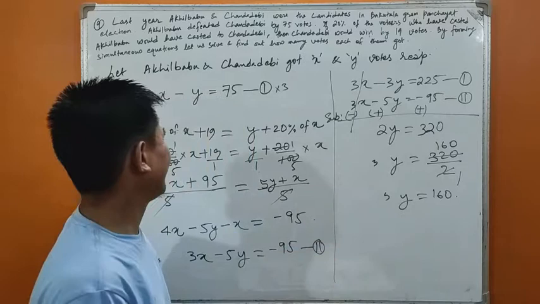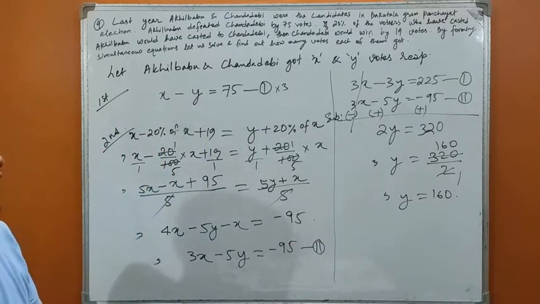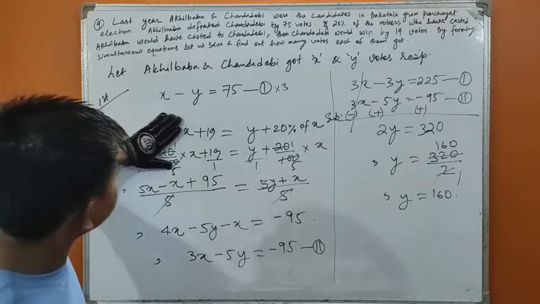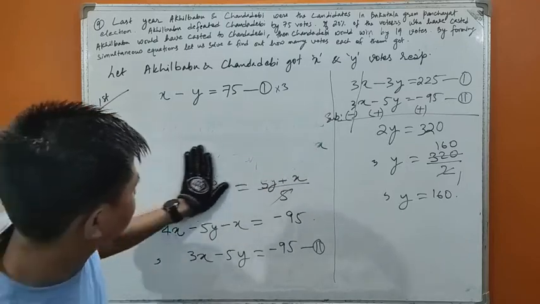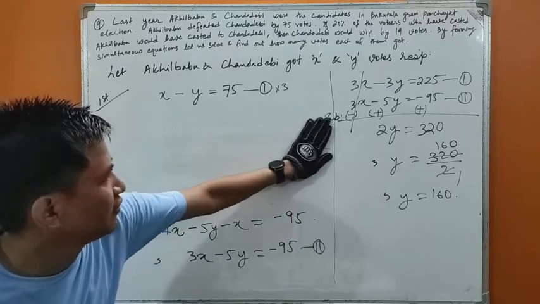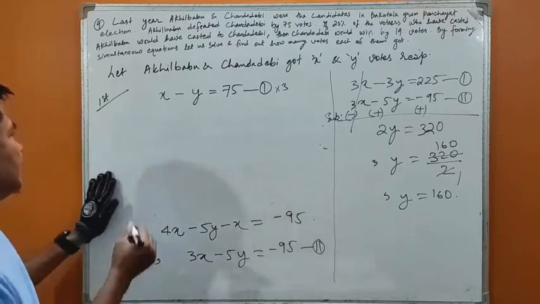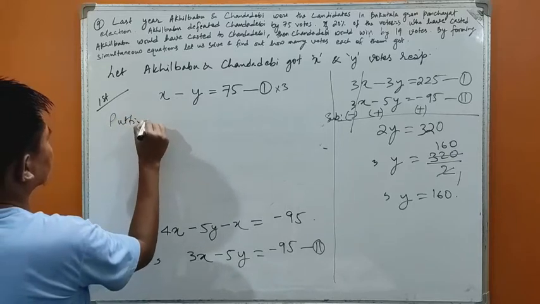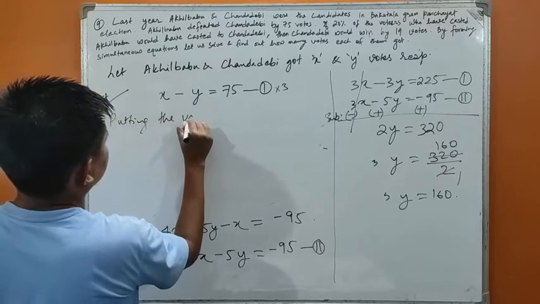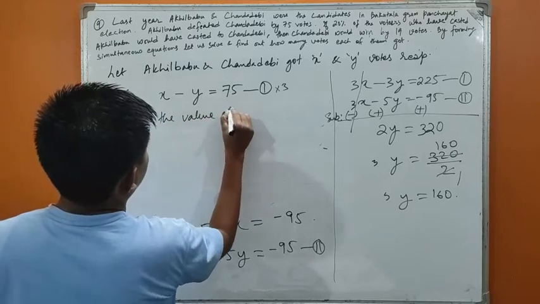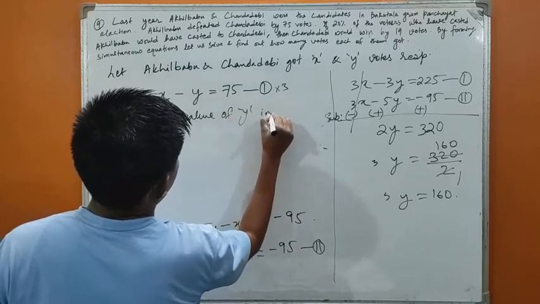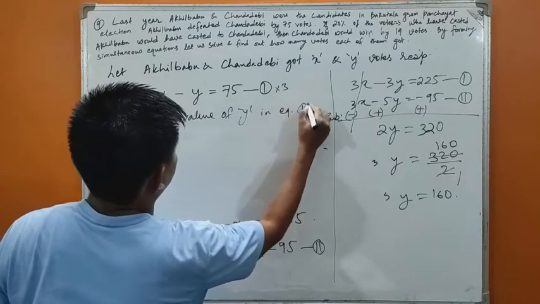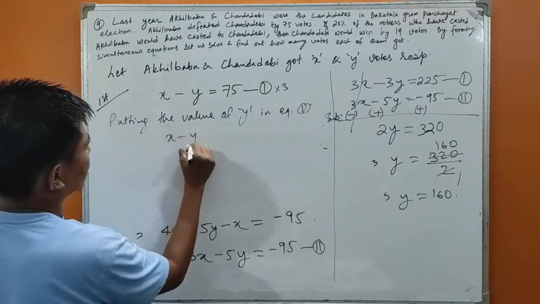Now putting the value of Y in equation 1 or 2, you can find the value of X. Let me erase this. Please take the screenshot. Putting the value of Y in equation 1, X minus Y equals 75.